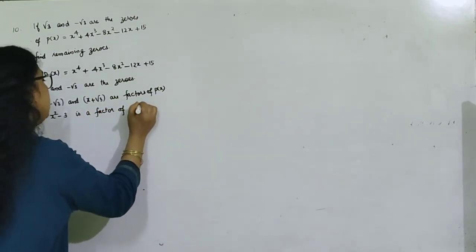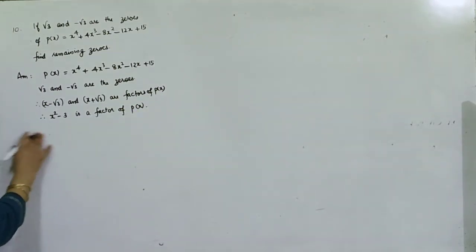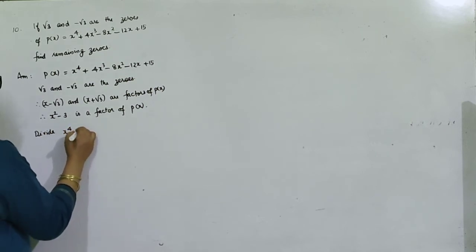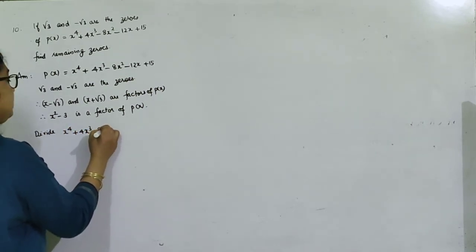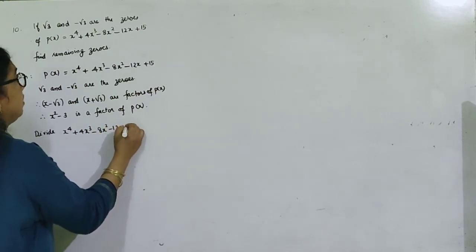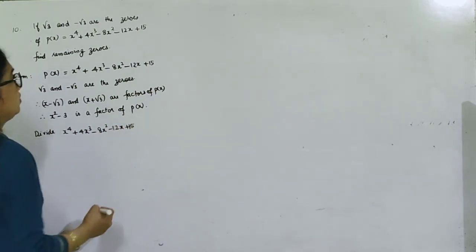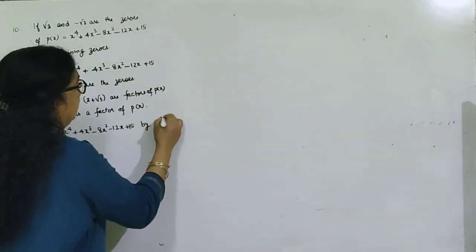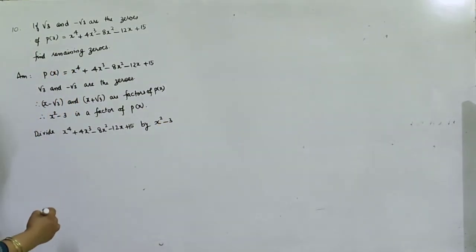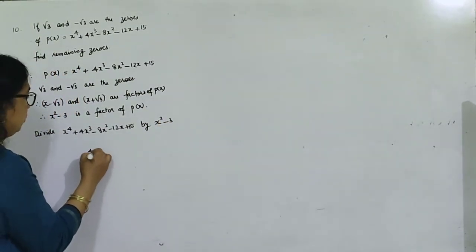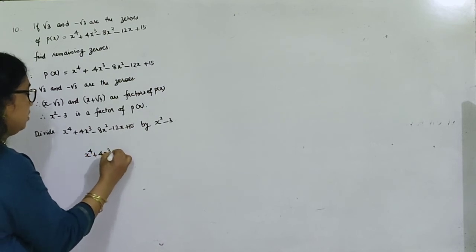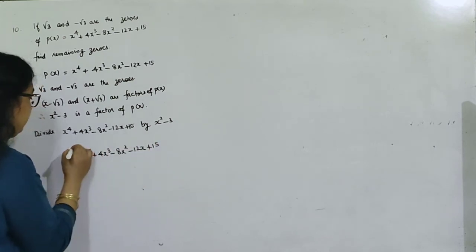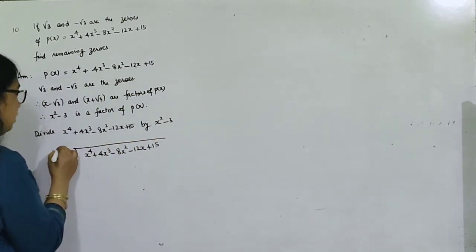Now what do you do? Divide x raised to 4 plus 4x cube minus 8x square minus 12x plus 15 by the divisor x square minus 3.